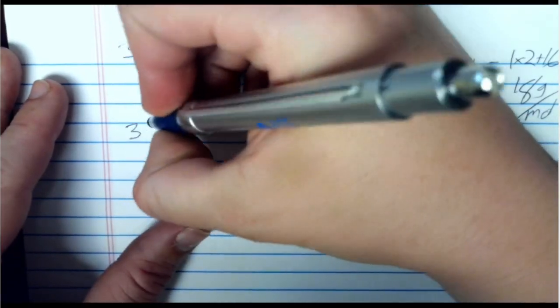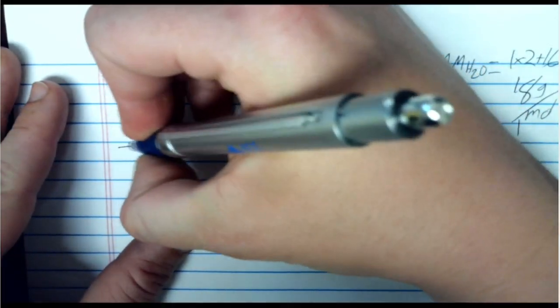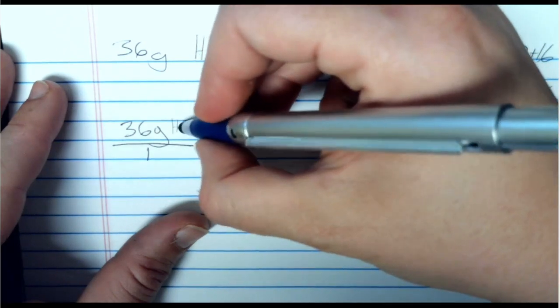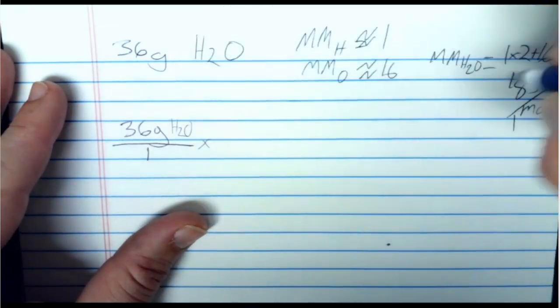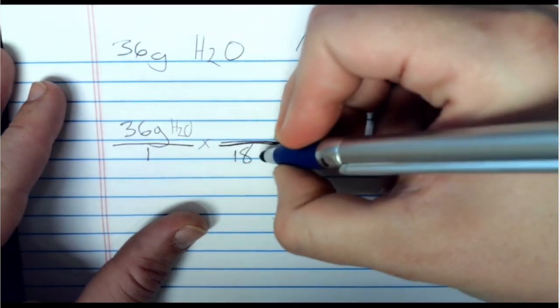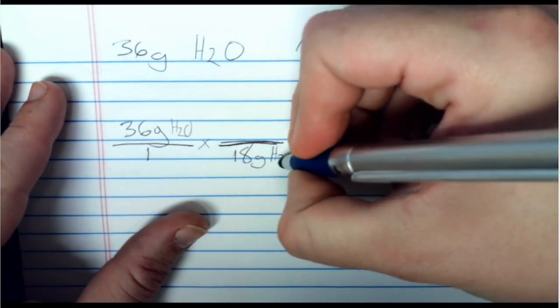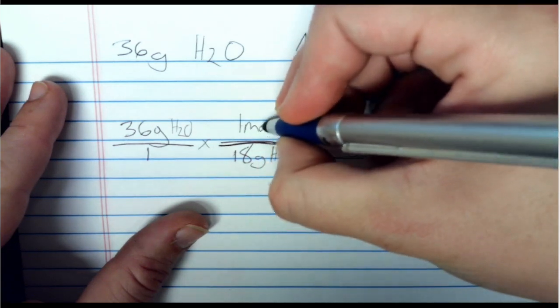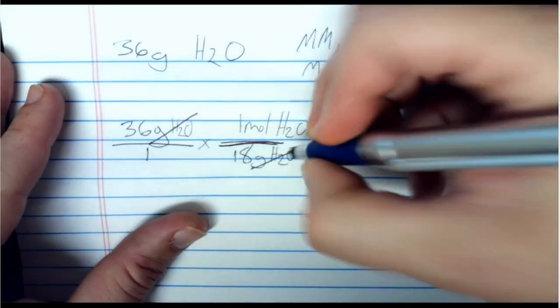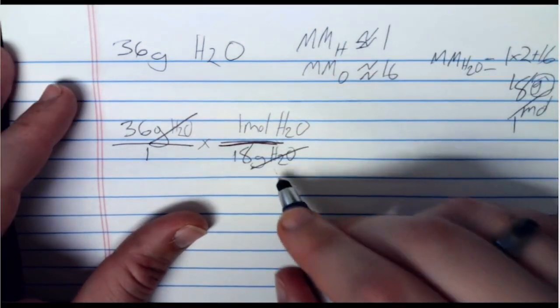So let's start by writing 36 grams over 1. That's grams of water. Now I want grams on bottom. So I got 18 grams of water, 1 mole of water. Those should have canceled out.